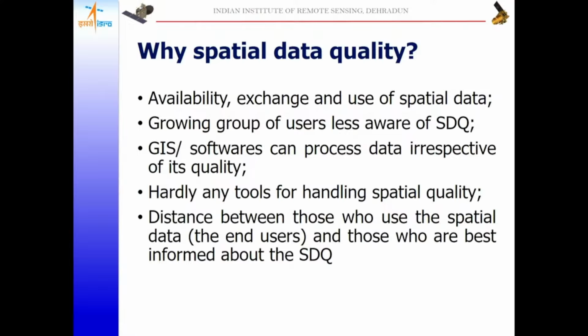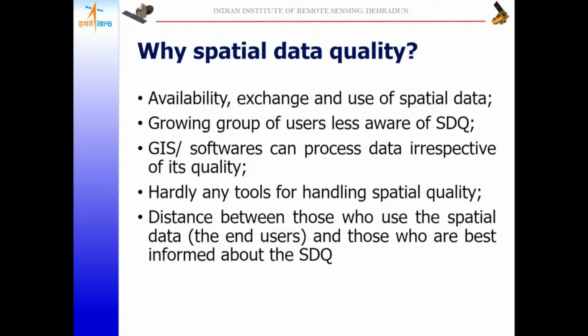Nowadays a lot of people use just an image, and they are not much aware of spatial data quality. So it has become very important to train them that spatial data quality is an important parameter, or criterion. We have to assess the quality first, and only then pass the information to the concerned users, decision makers, or whoever it is.